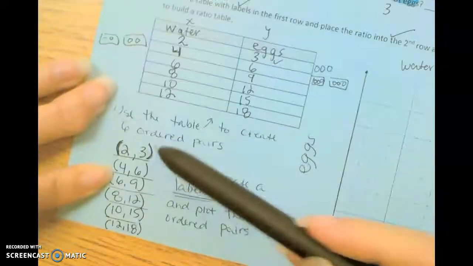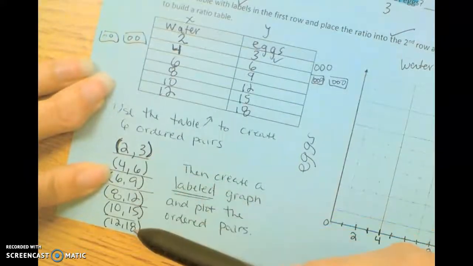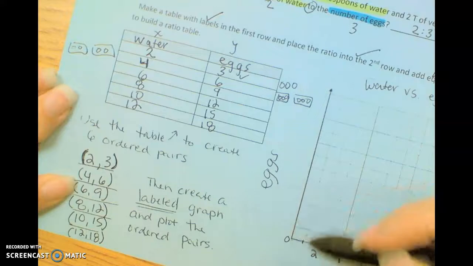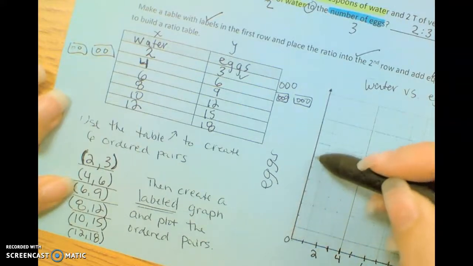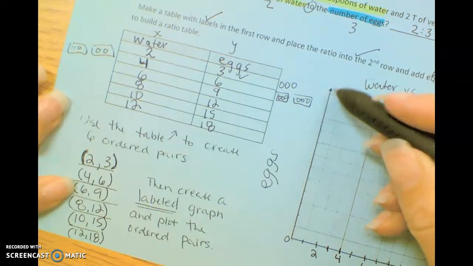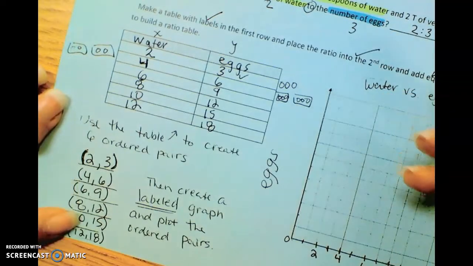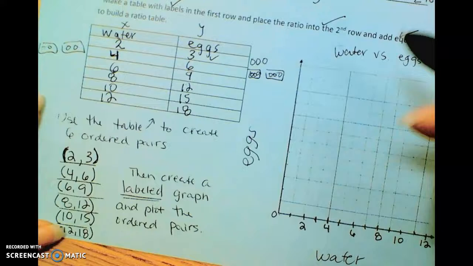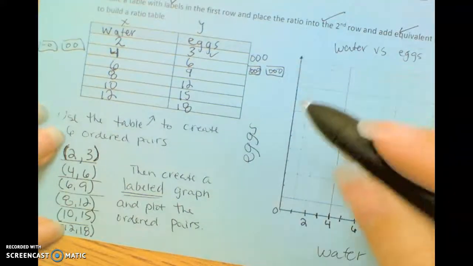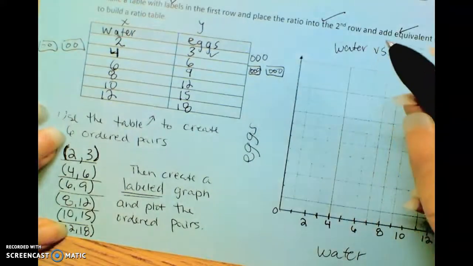On the eggs, I see I need to go 3, 6, 9, and I have to go all the way up to 18. So when I count the lines here, I have 1, 2, 3, 4, 5, 6, 7, 8, 9, 10, 11, 12. I only have 12 lines, which tells me I have to have a scale that's less than 1. So when I'm thinking about the 3, the 6, 12, 18, it's got to be meaningful.